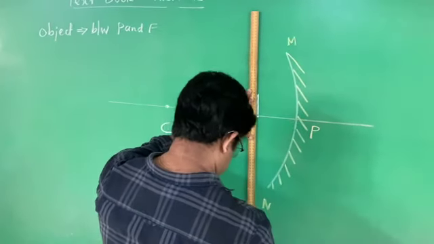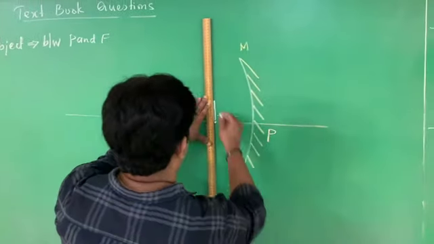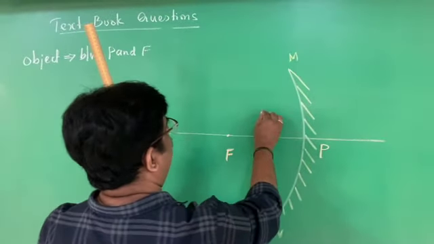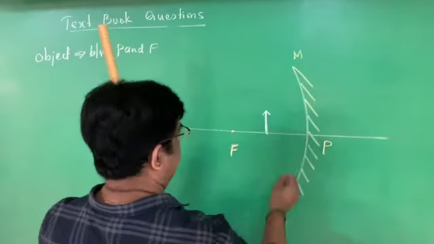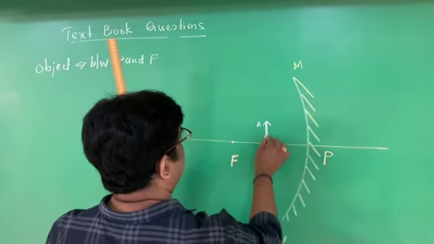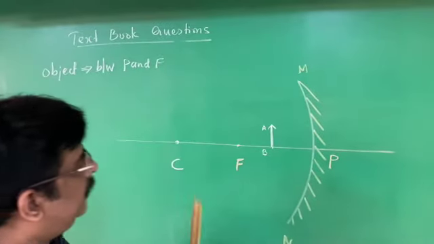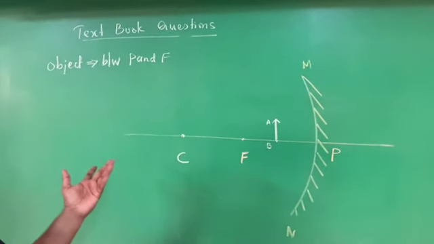This is the object. I name the object as AB. Now I change the color. Two rays I have to select.